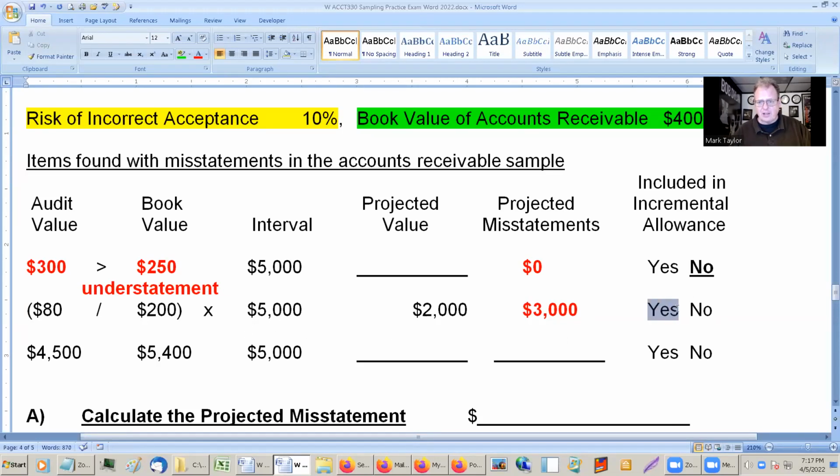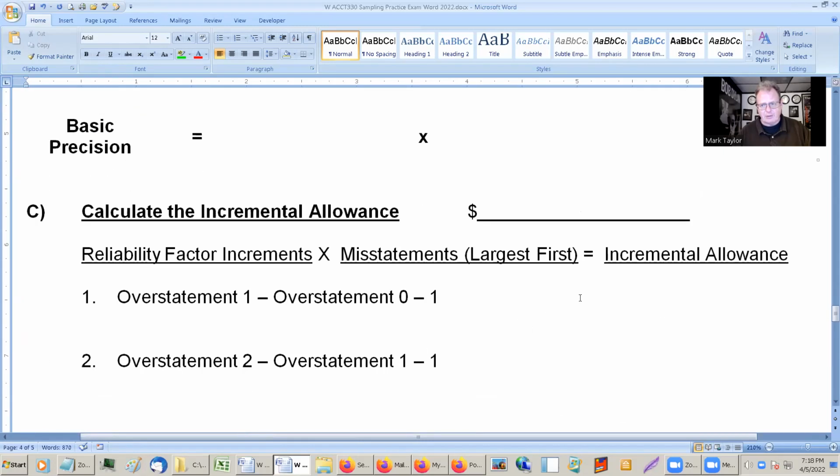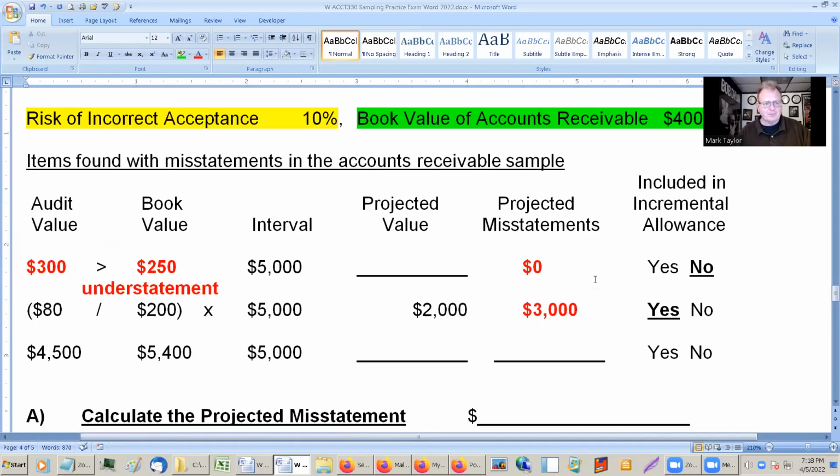And so this does go into the incremental allowance. It could be off by more. We found this one was for 200. There could be many more in this interval, and the fact that there is an error means it's more likely there are more errors. So this incremental allowance comes down here, to that wacky thing.